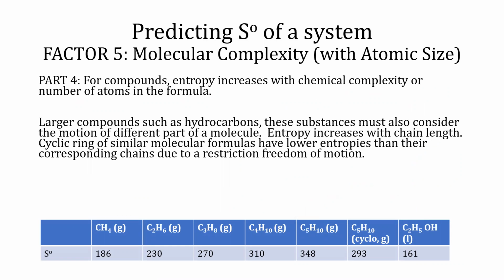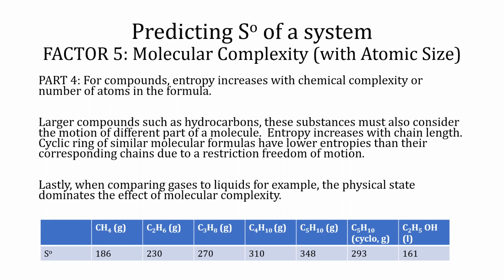Larger compounds such as hydrocarbons must also consider the motion of different parts of a molecule. Entropy increases with chain length. Cyclic rings of similar molecular forms have lower entropies than their corresponding chains due to a restricted freedom of motion.